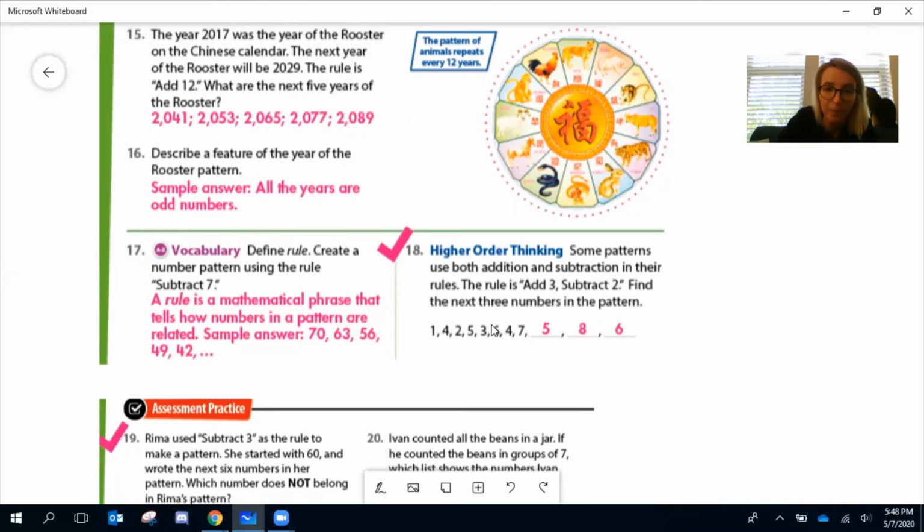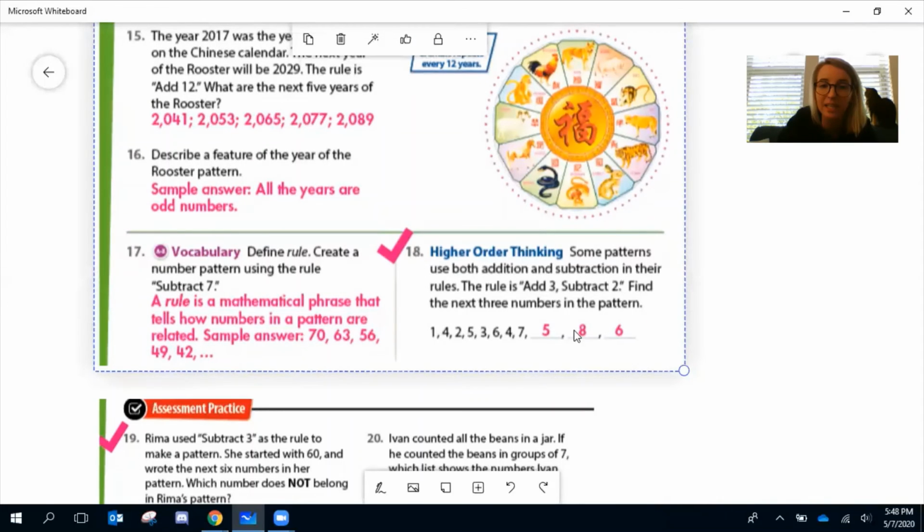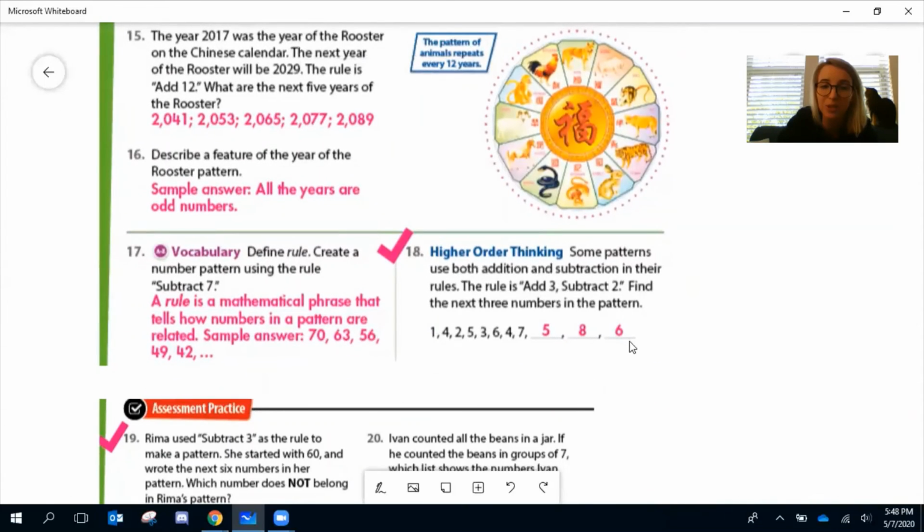Then they added 3, which gave them 6, and then subtracted 2, which gave them 4. Then added 3, which gave them 7. Now we need to subtract 2. 7 minus 2 is 5. Then we need to add 3, which gives us 8. And then we need to subtract 2, which gives us 6. So again, it's kind of using one rule and then a different rule, flipping like that.